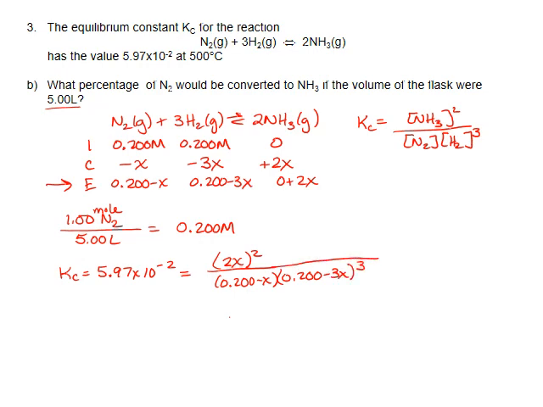Again, we see this power of 3 in our equation, which is going to make the math difficult. But we can use the same assumption that we used in part A. At least we can try it. So let's try assuming that x is small.